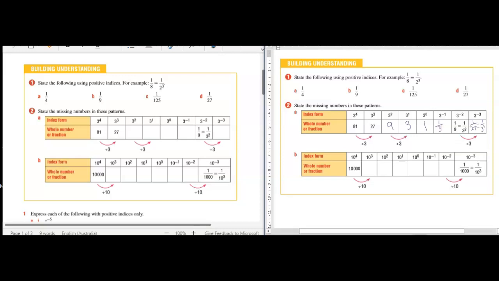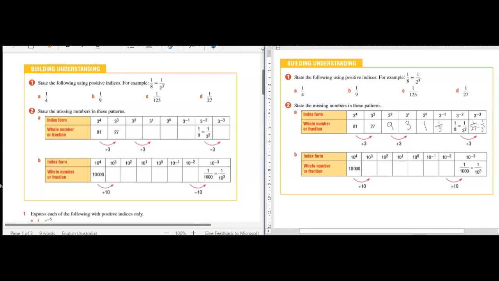We can do the same here for base 10. You can start here, or you can start at 0 to make it easier. But if you're working from left to right, we're dividing by 10, so basically dropping a 0 each time. And a little trick, if you weren't aware: if you've got 10 to the power of a number, whatever that power is, is the number of zeros you have.